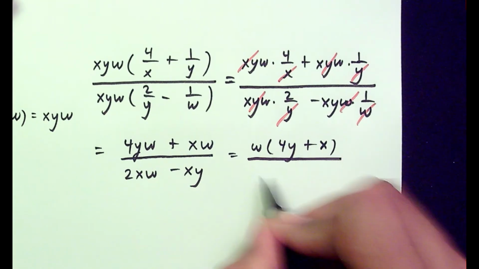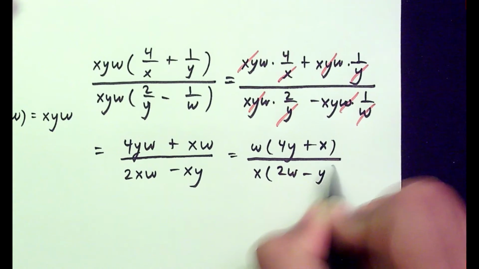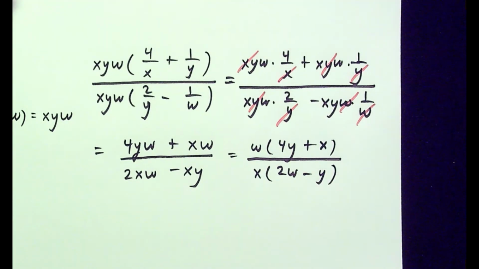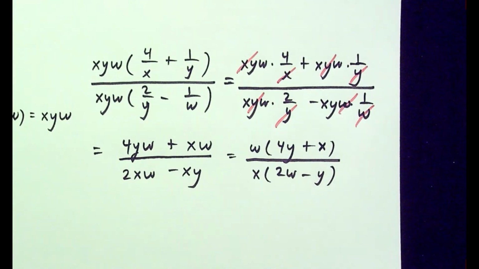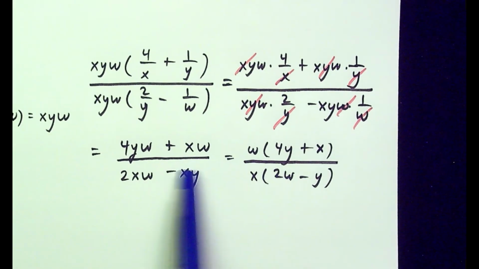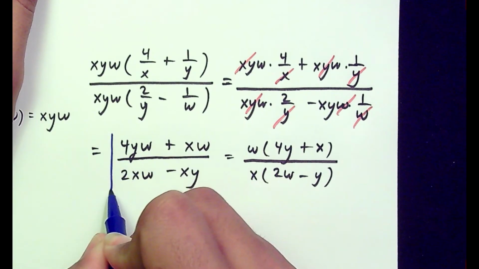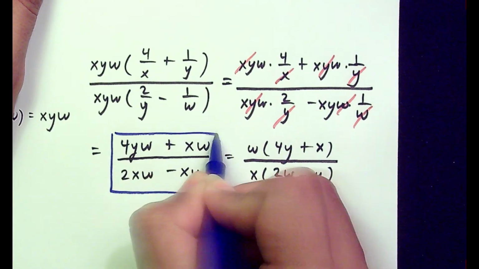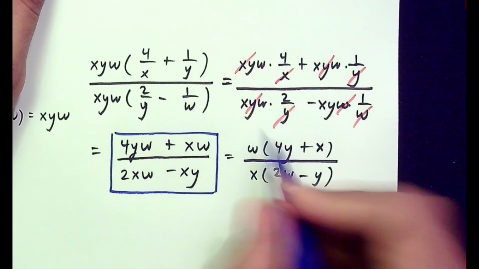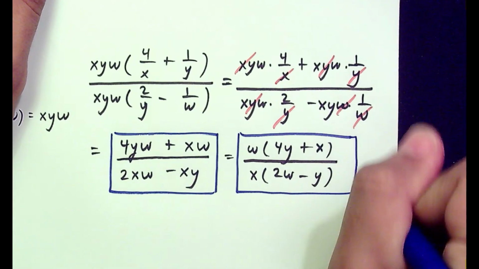And from the bottom, the x is common, and you have 2w minus y, and there's nothing else you can do to factor that further. And you see that nothing can be cancelled. So that means this was already simplified as much as possible, and you can offer either of these two as the final answer. Both are correct. So say that's the final answer, or that's the final answer. Both are perfectly good.